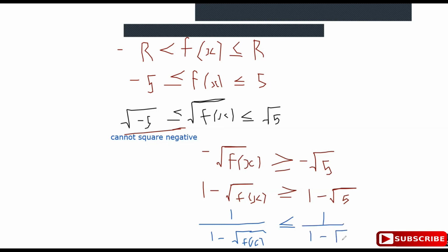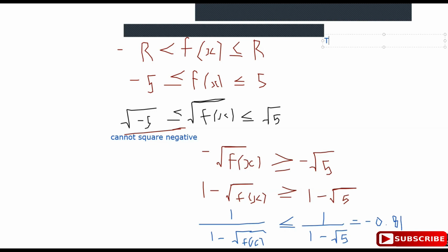So what can we conclude? If you want to put this in decimals, feel free to do so. 1 minus root 5, and 1 divided by that, you get negative 0.81. So let's put that in words right here.